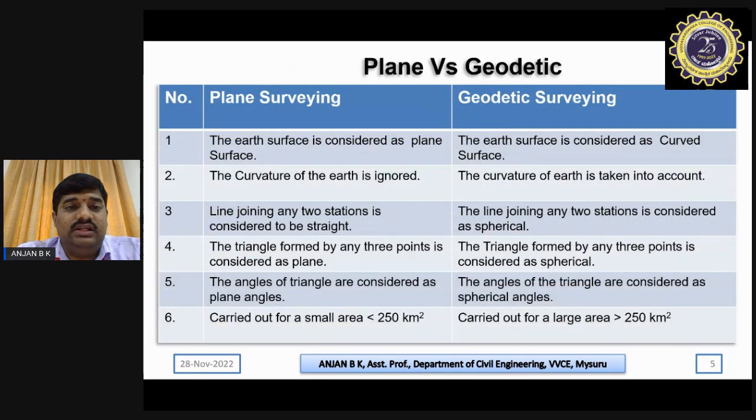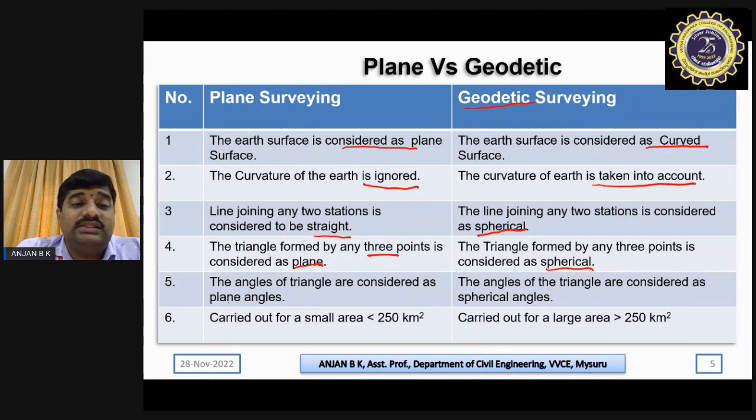Let us see the difference between plane and geodetic surveying. In plane surveying, the earth surface is considered as plane, whereas in geodetic it is curved. The curvature of the earth is ignored in plane surveying, whereas it is considered in geodetic. If you want more accuracy, we go for geodetic surveying. The line joining any two points in plane surveying is a straight line, whereas in geodetic it is spherical. The triangle formed with three points is considered plane, whereas in geodetic it is again spherical.